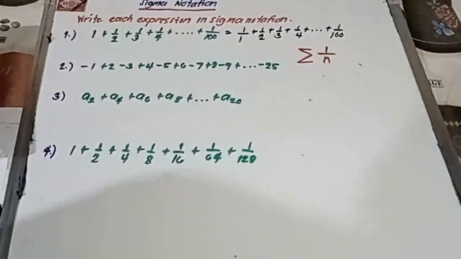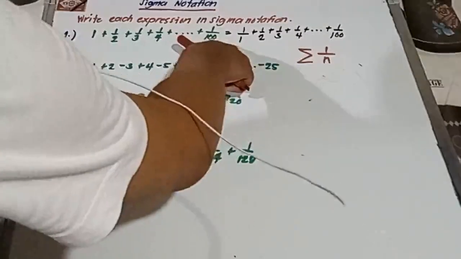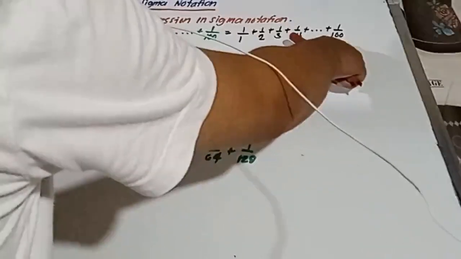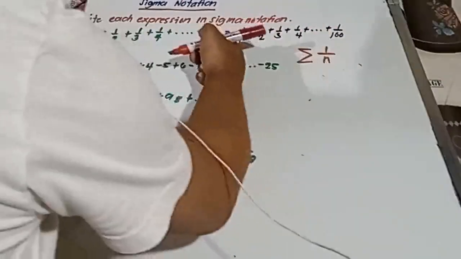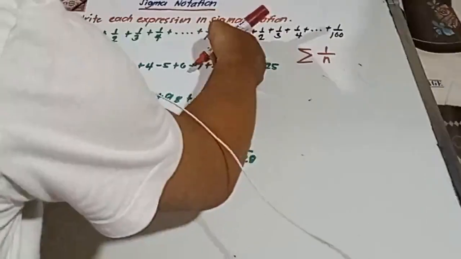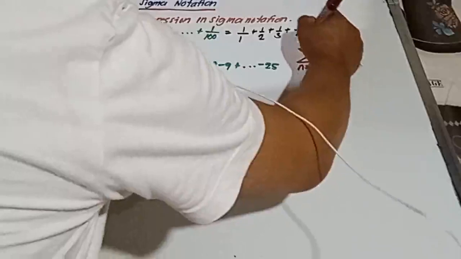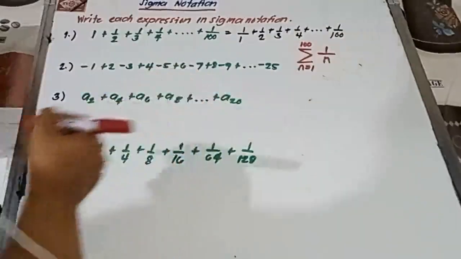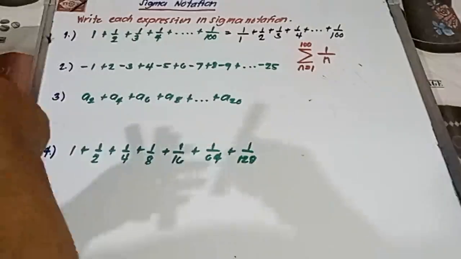Now, ang lower bound natin ng ating sigma notation, ang gagaling dito. At ang ating upper bound, gagaling dun sa ating last term ng ating expression. So, ang ating denominator na nagva-vary is from n equal to 1 to 100. Okay? So, that is our answer dun sa ating example number 1.